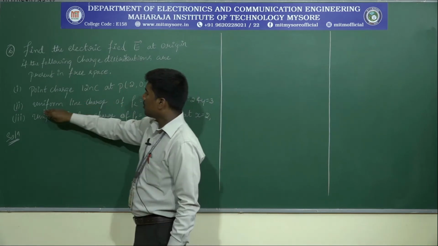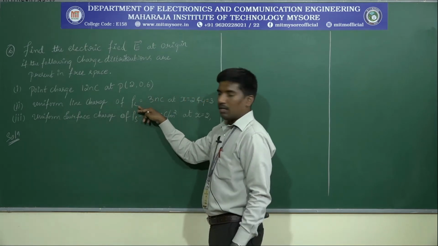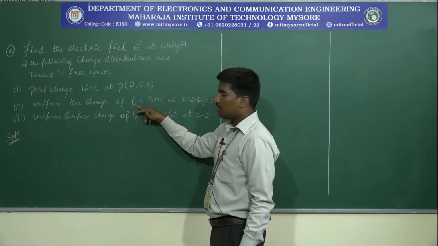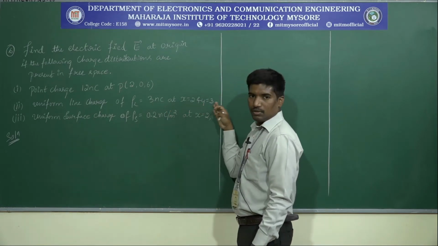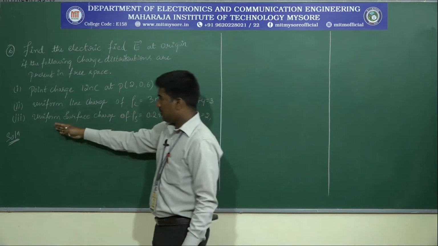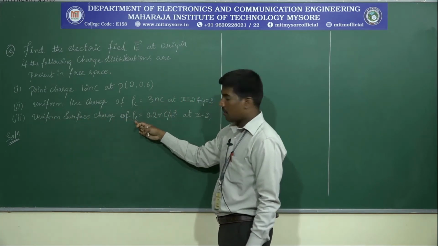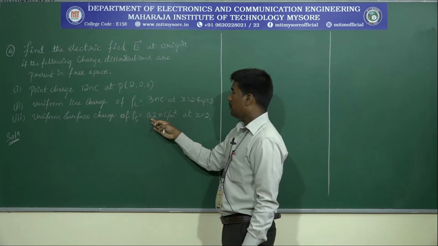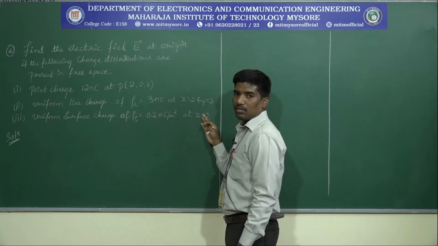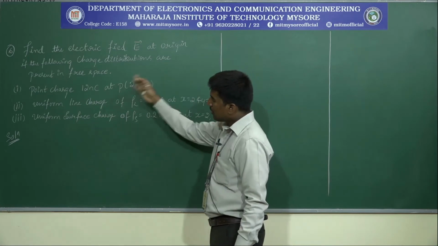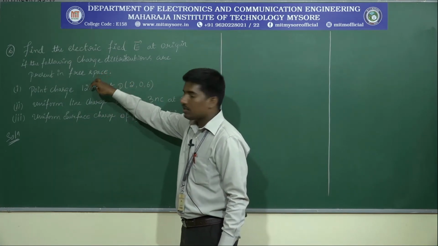The second condition is a uniform line charge of rho L, with line charge density 3 nanocoulomb at x equal to 2 and y equal to 3. The third condition is a uniform surface charge with surface charge density rho S equal to 0.2 nanocoulomb per meter square at x equal to 2. In all three cases, we need to calculate the electric field intensity at the origin.